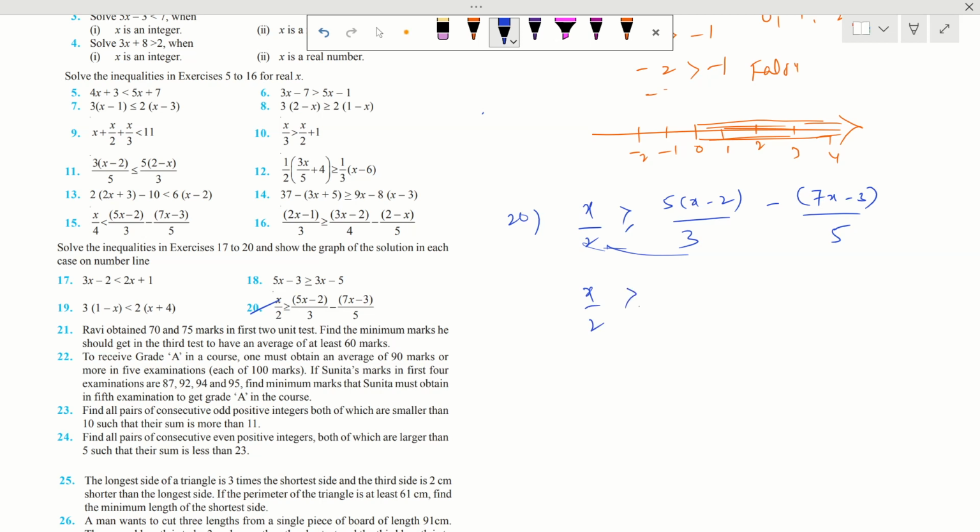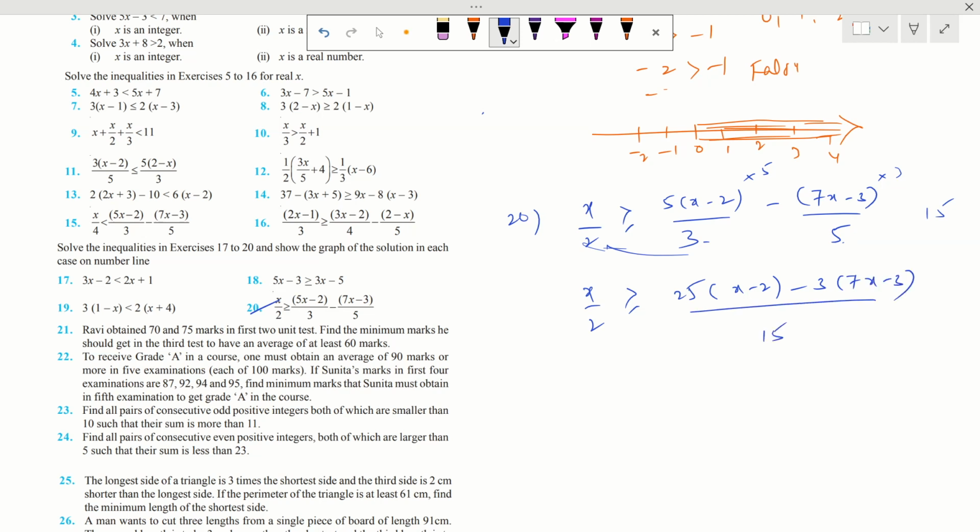x by 2 is greater than or equal to, 3 5 is 15, 15 is the LCM. So here 3 5 is 15, 5 3 is 15, means here I will multiply 5 into 5 is 25, 25 into x minus 2, and here 3 into 7x minus 3, right?